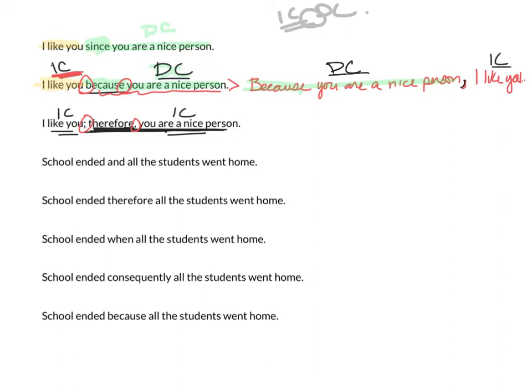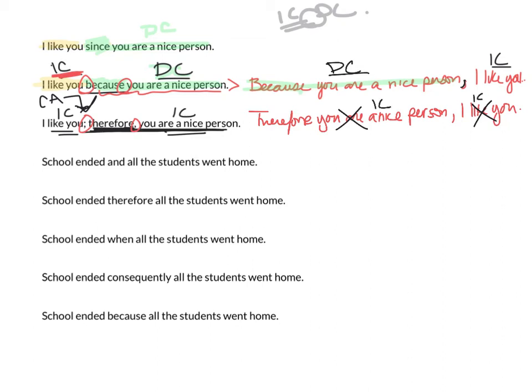Well, how does that help you figure out punctuation? Very simple. Can you flip a conjunctive adverb sentence like this one? Well, let's try it. Therefore, you are a nice person. I like you. What the crap? No, that makes no sense because these are both independent clauses.